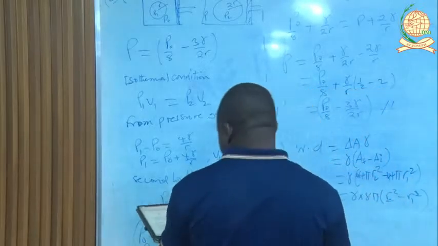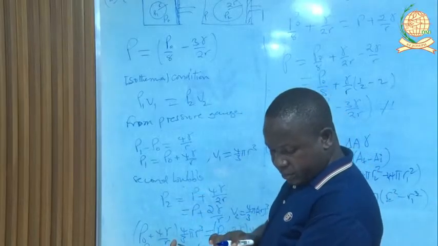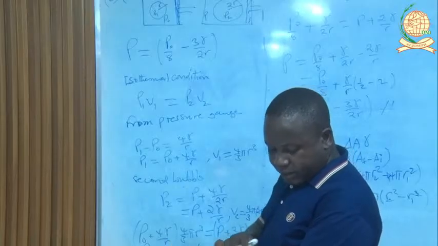If you substitute the slope, the surface tension of the slope is given on the first page.